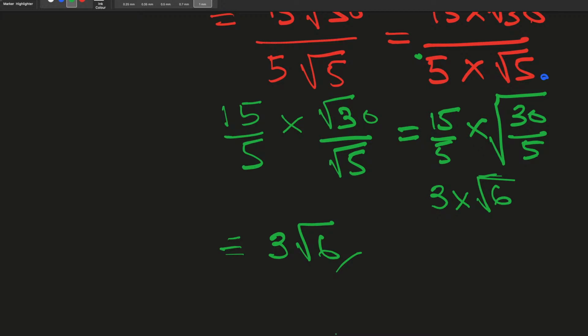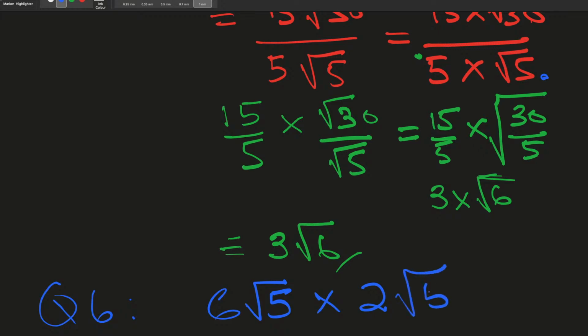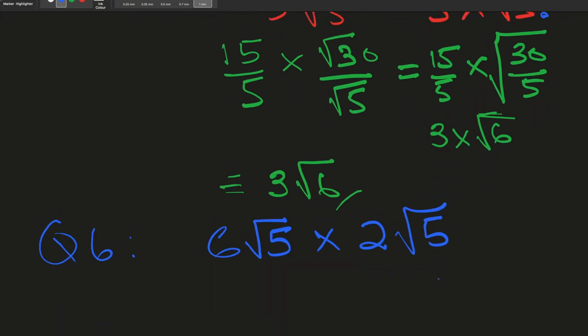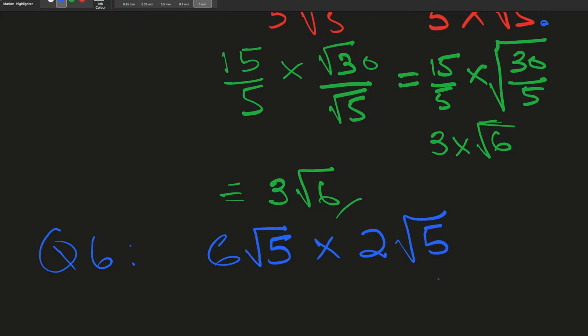Okay, the last bit of the question we have is question number 6. It's 6 root 5 multiplying 2 root 5. First and foremost we have to expand it to understand it.